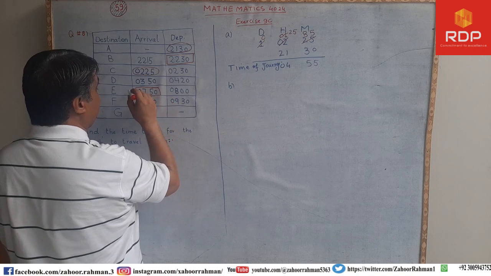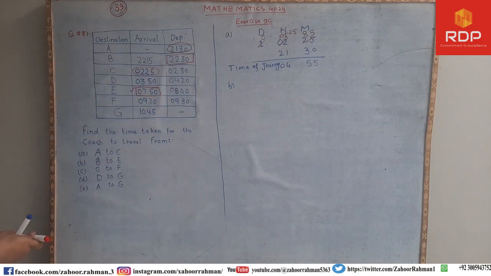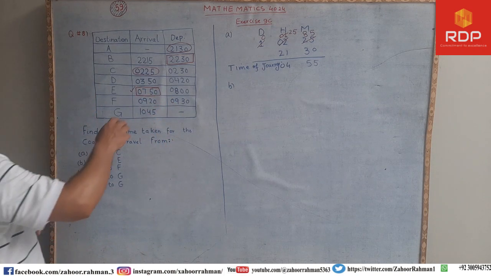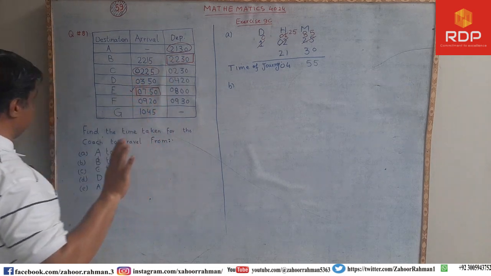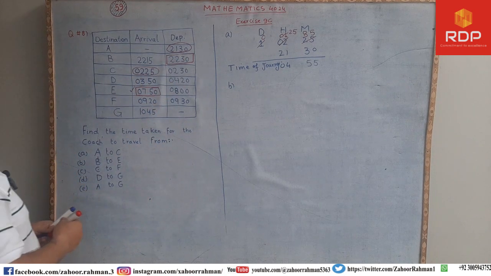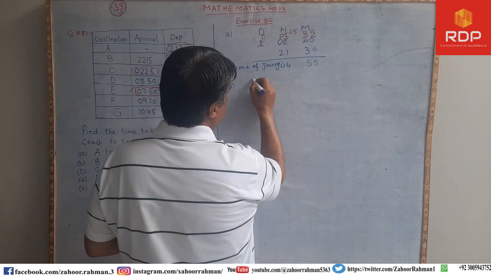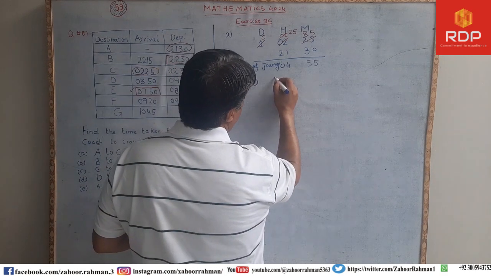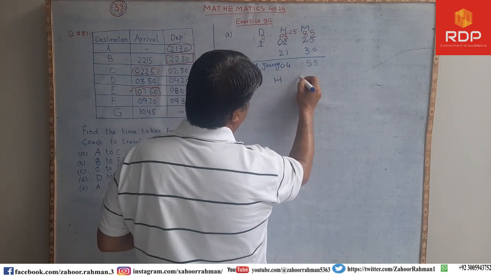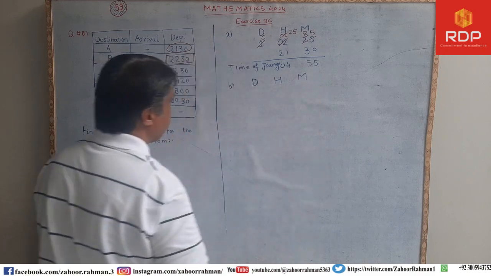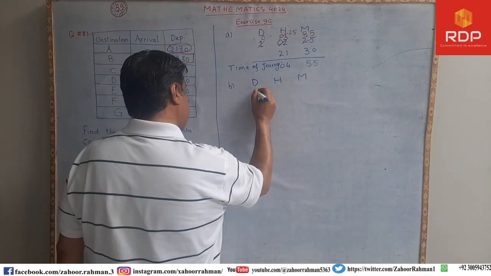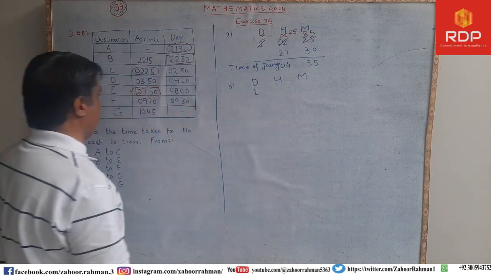So first we have to write this. And in this, 1 day has passed. Yes. So we have to write D, H, and M. Directly I am writing without any consideration of 1 day.